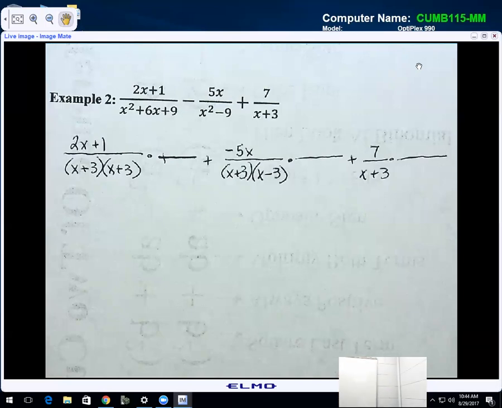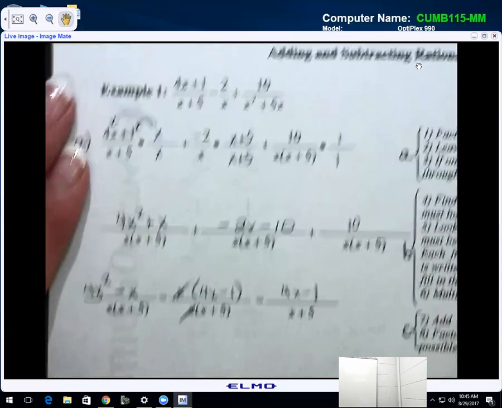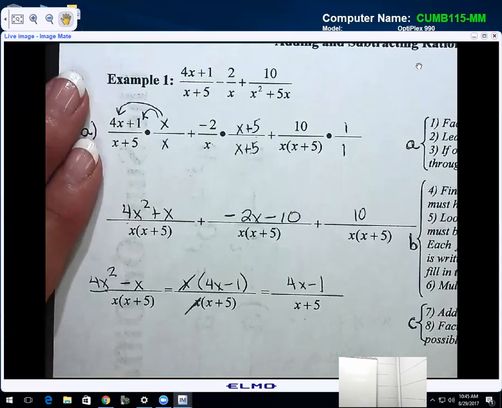All right, look at step B, you work it, and then look up after you get step B done.